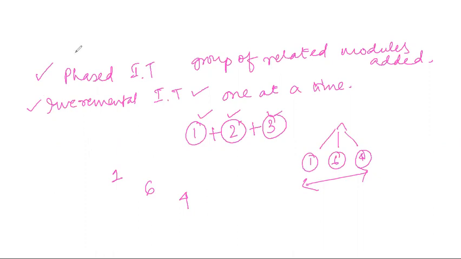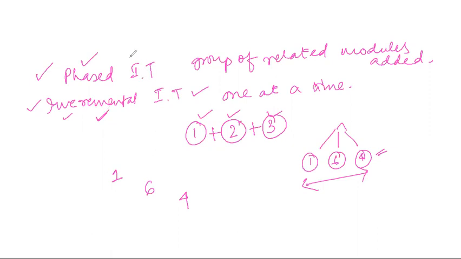So obviously phased integration testing will have fewer steps, because these three modules we are adding at one chance to the entire system. So the steps of integration testing will be fewer, and in case of incremental, since we are adding one by one, the steps will be more. However, when it comes to detection of failures, detection will be better in case of incremental, because we can specifically locate after which module addition the error occurred.